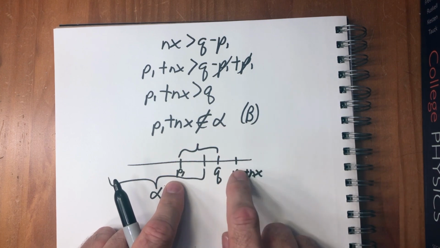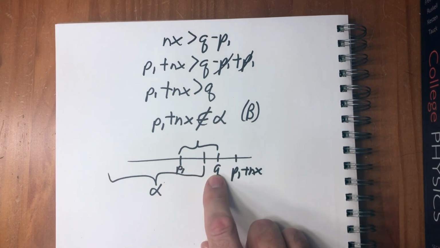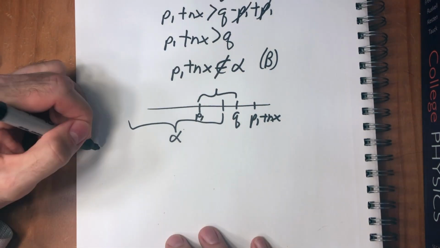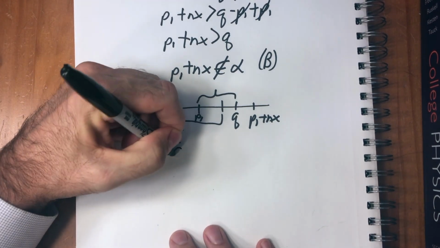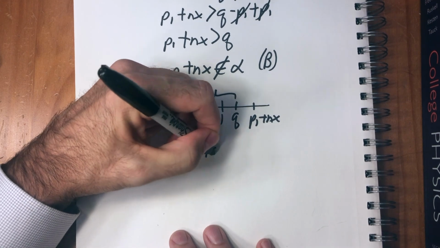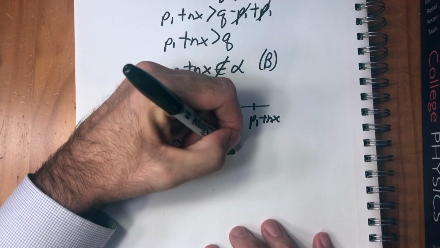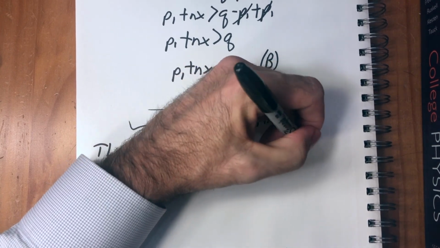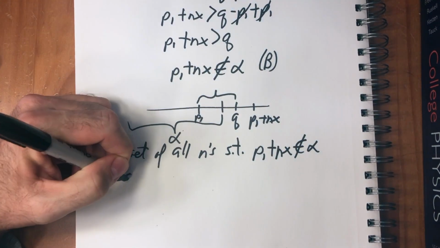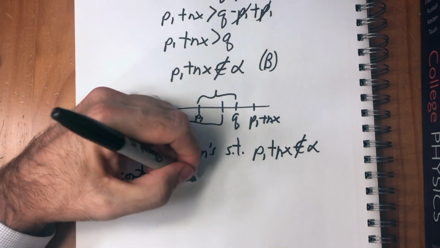Because when we added p1 to this one, we got past q. So this is just bigger than this distance. Okay, so the next point is that the set of all of the n's such that p1 plus nx is not in alpha contains a smallest element.